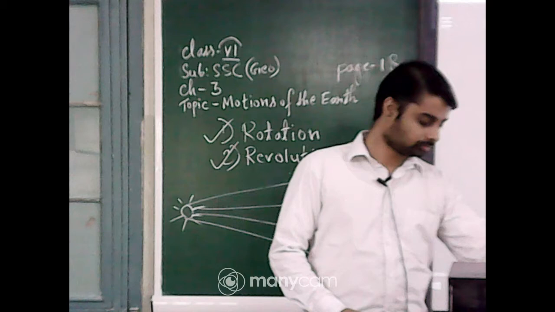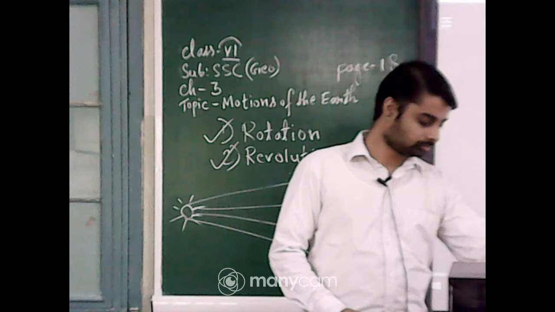Sorry, it is in this way. Okay. It is the axis. This line that divides the day and night is called the circle of illumination.